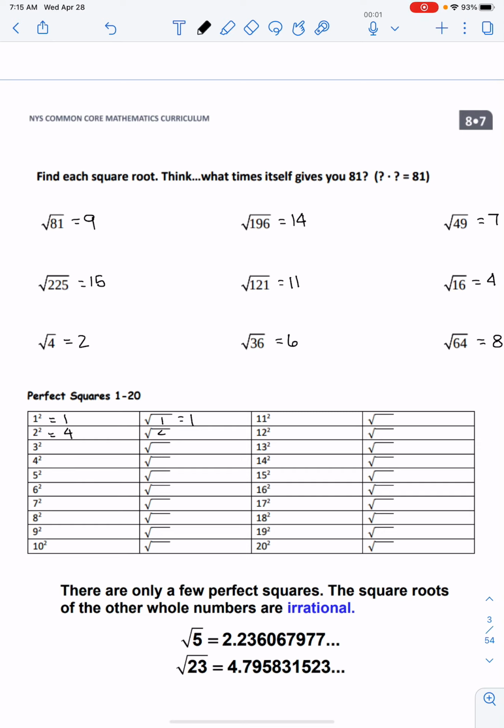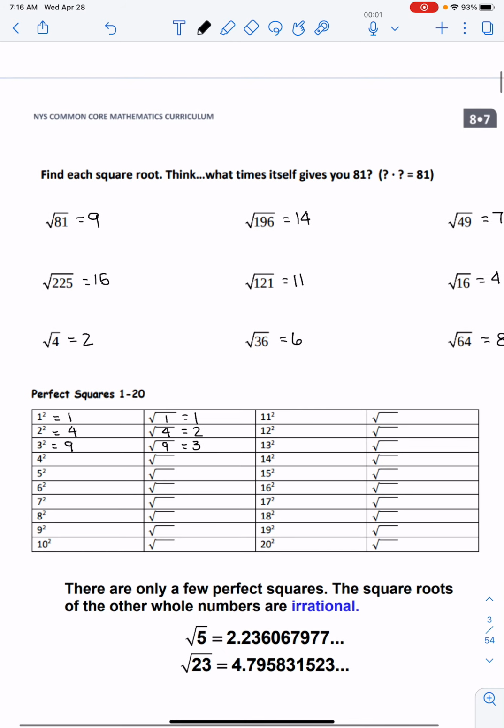Therefore, the square root of 4 is 2. 3 squared is 9. Therefore, the square root of 9 is 3. 4 squared is 16. Therefore, the square root of 16 is 4.